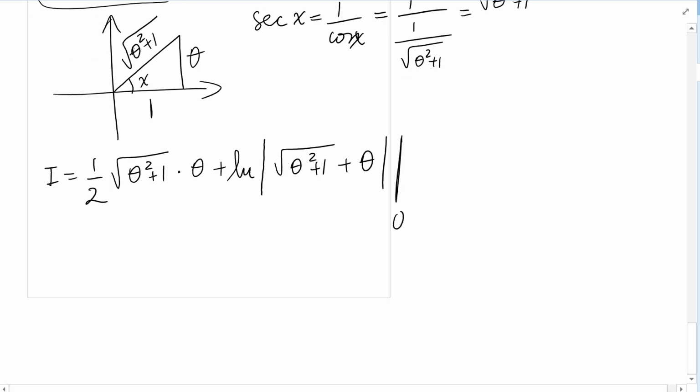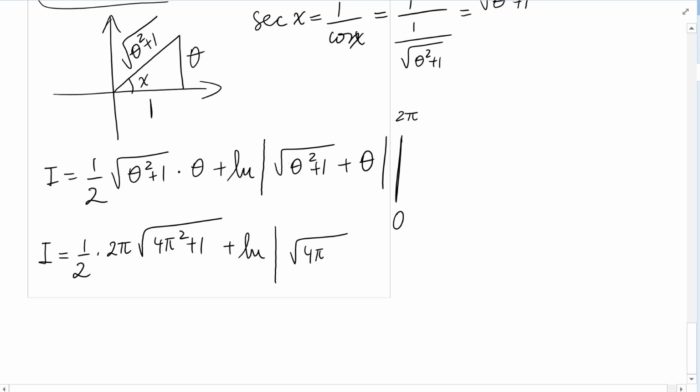Great. So now we are evaluating this from 0 to 2 pi. So then we get the integral that we wanted to find. It's 1/2 times 2 pi square root of 4 pi squared plus 1, then minus, replacing theta with 0, that's going to give us 0 plus ln of the square root of 4 pi squared plus 1 plus 2 pi, minus ln of 1, which is 0.